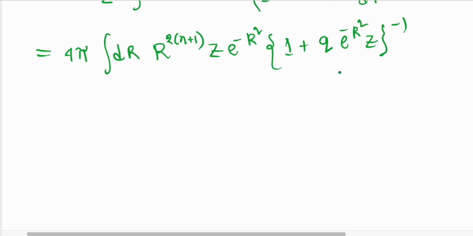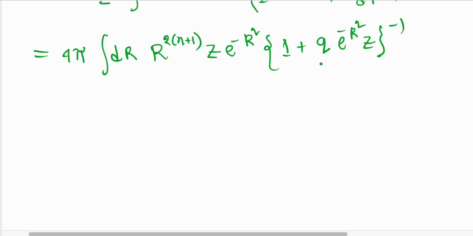Now we'll expand, since z is very small, and this term will also be very small if T becomes very high. So we can expand this in terms of z, and we only keep up to second order.